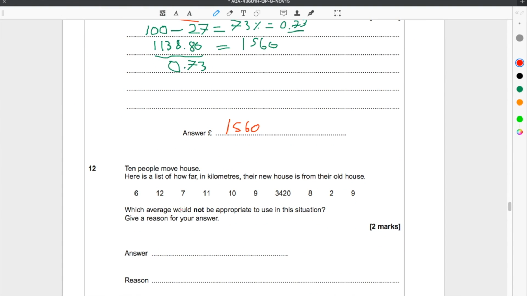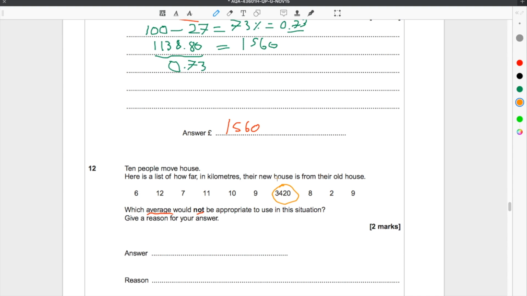Question 12, 10 people move house. Here's a list of how far in kilometres their new house is from their old house. Which average would not be appropriate to use in this situation, and give a reason for your answer. So clearly you should be spotting that this value is way out from all the other values.